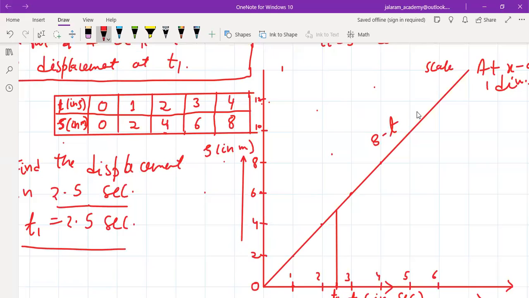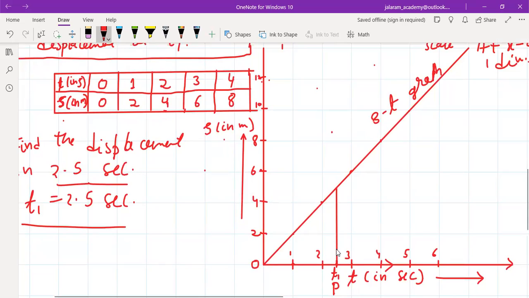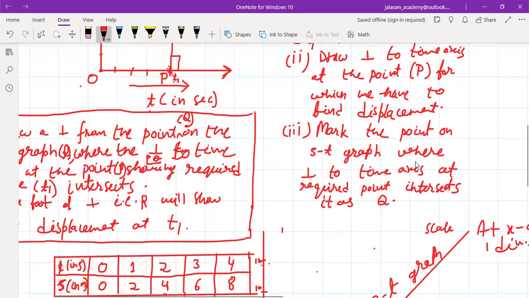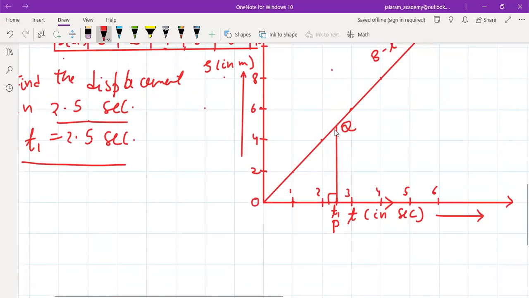We have marked the required time T1 equals 2.5 seconds as P, drawn a perpendicular at that point, and the perpendicular intersects the graph at Q. Mark the point on the ST graph where the perpendicular intersects it as Q.